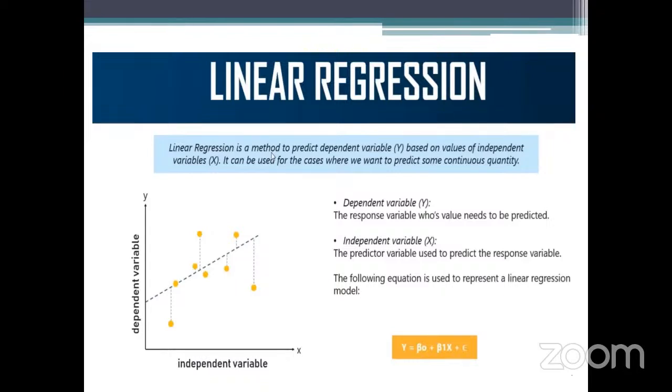So your independent variable or your predictive variables can be either continuous or discrete. There are no such restrictions over here. They can be either a continuous variable or a discrete variable.